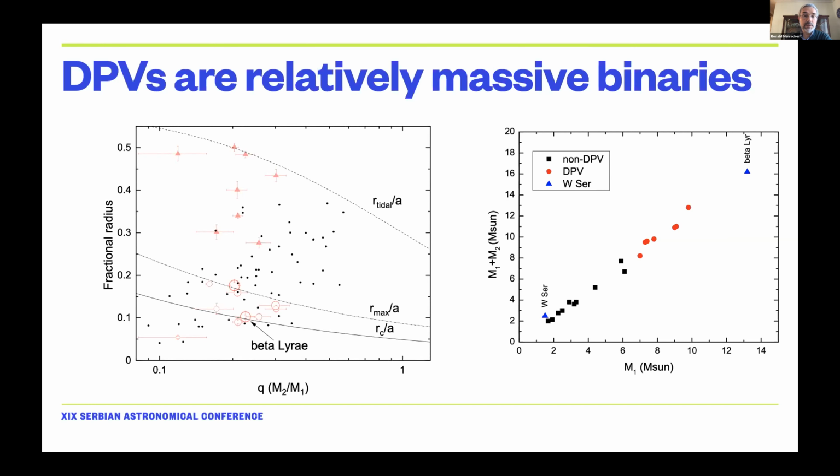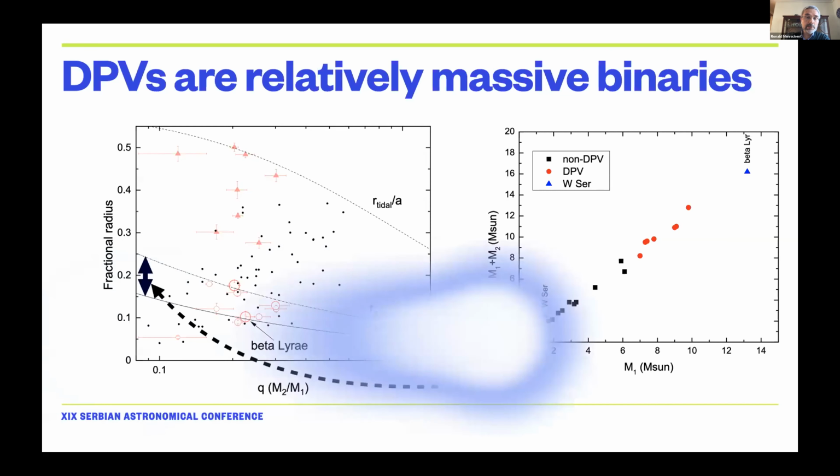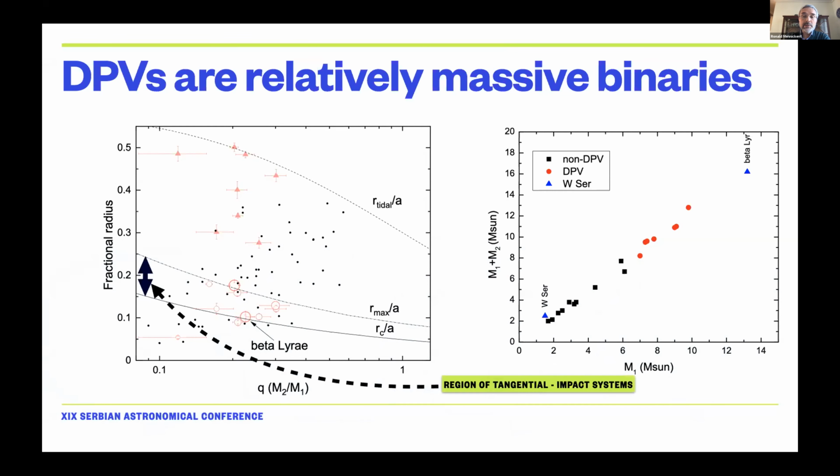This diagram is rather more complex, showing on the vertical axis the fractional radius of the accretor, the gainer, in terms of the binary separation, versus the mass ratio of the system. The region indicated here by the double arrow is named the tangential impact systems.